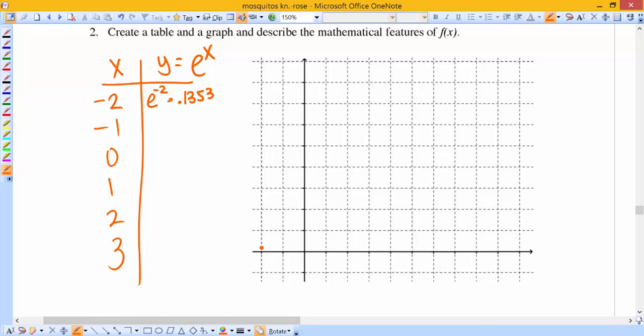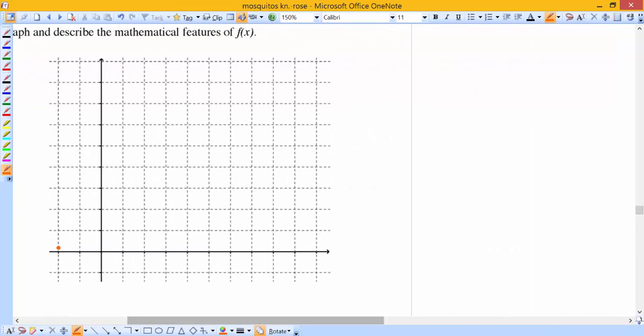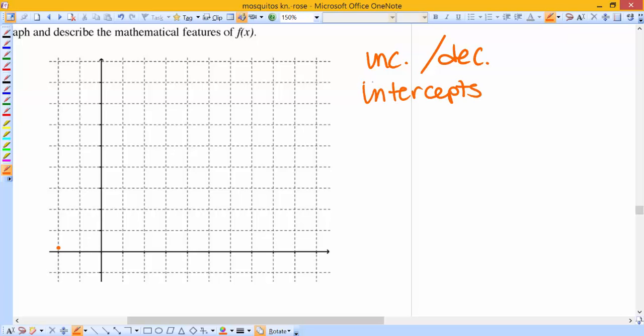Now when it's asking you to list the features of this graph, talk about if it's increasing or decreasing, which means if it's growth or decay. Talk about intercepts. Talk about domain, range, and there are no max and mins.